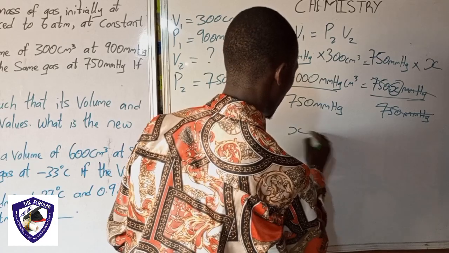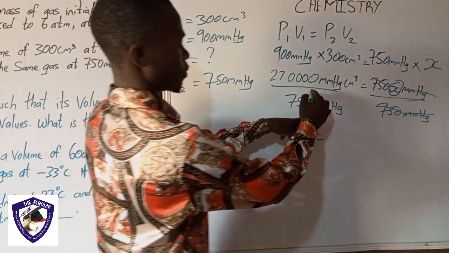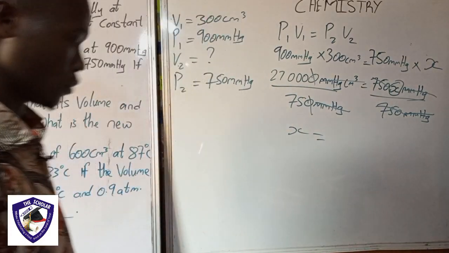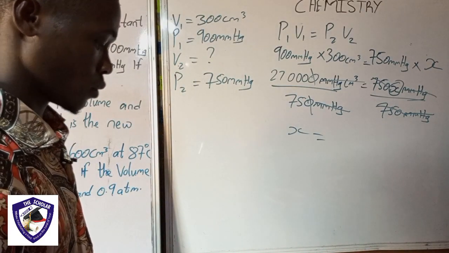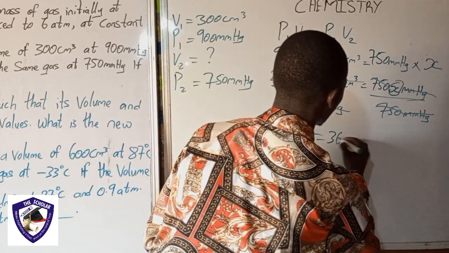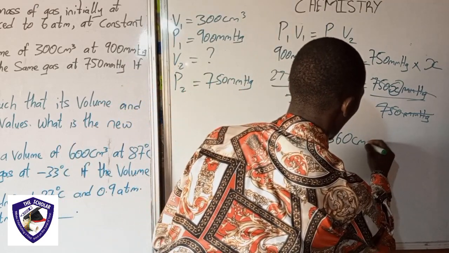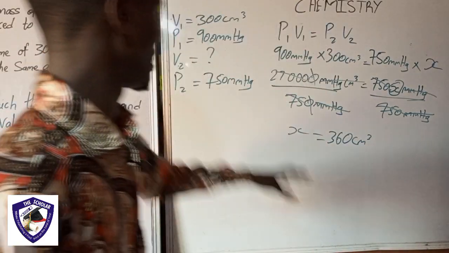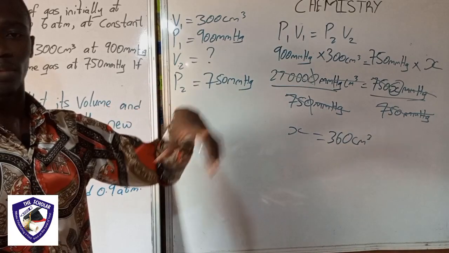So from here now our x is equal to 360 centimeter cube. Now I made a statement earlier when I was explaining Boyle's law, Charles' law, and then the general gas law.